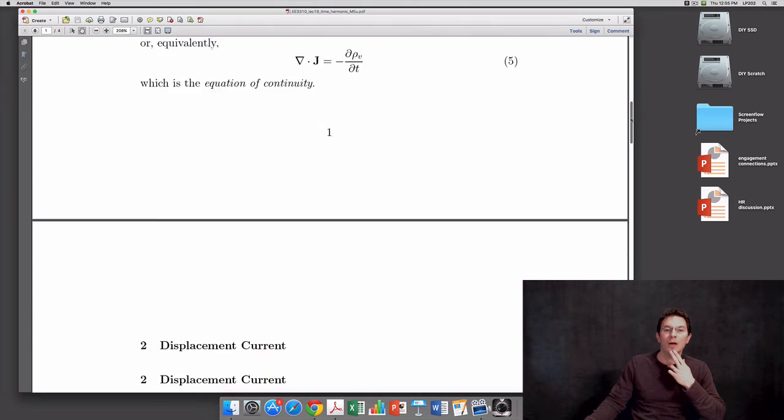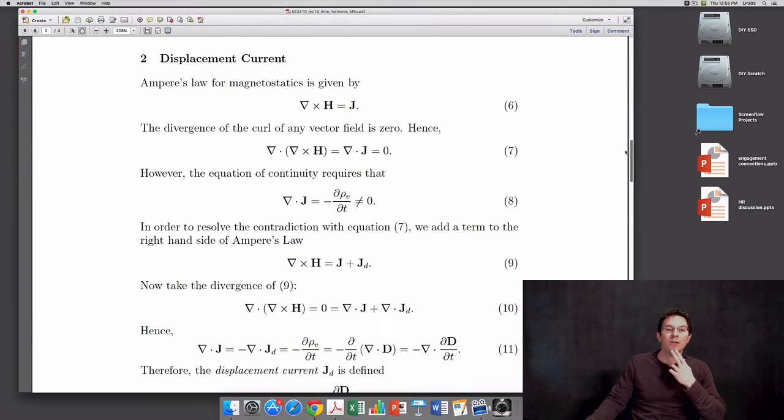Well, the equation of continuity is related to our next topic, which is the displacement current. Ampere's law for magnetostatics is given by the following. The curl of the magnetic field is equal to the electric current density J. One thing we can do is take the divergence of both sides of this equation, and take advantage of the fact that the divergence of the curl of any vector is in fact equal to 0.